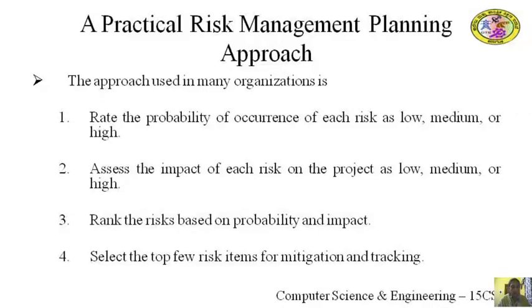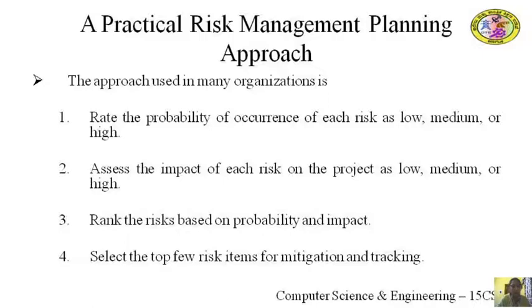Now let us try to understand a practical risk management planning approach which will be commonly used in many of the organizations. A simple practical approach used in many organizations for doing risk planning is to simply categorize risks and the impacts in a few levels and then use it for prioritization.